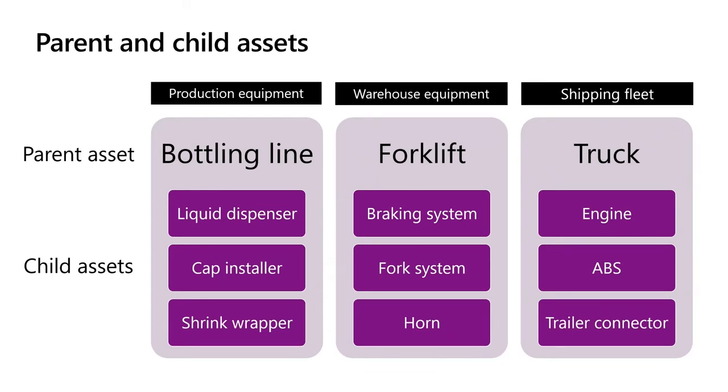It's also possible to have more than just 2 levels of parent and child assets. What you end up with will be based on your business needs and how you need to drive your maintenance activities. The asset structure is flexible and can be maintained as you install new assets or replace assets over time.